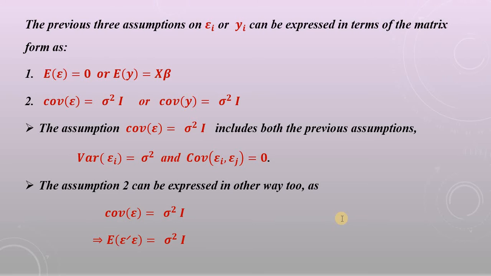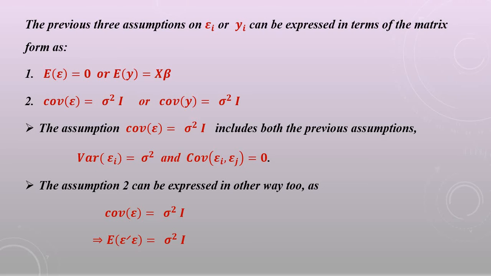So the previous three assumptions on epsilon i or yi can be expressed in matrix form also, and they are: expectation of epsilon equal to 0, or expectation of y equal to x beta; covariance of epsilon equal to sigma square I, or covariance of y equal to sigma square I. So the assumption covariance of epsilon equal to sigma square I includes both the previous assumptions, variance of epsilon i equal to sigma square and covariance of epsilon i, epsilon j equal to 0.